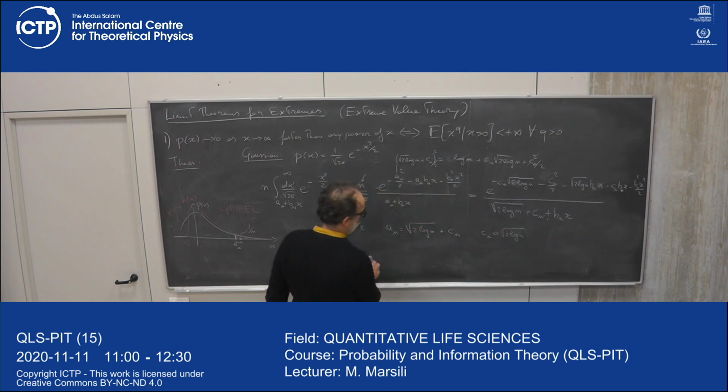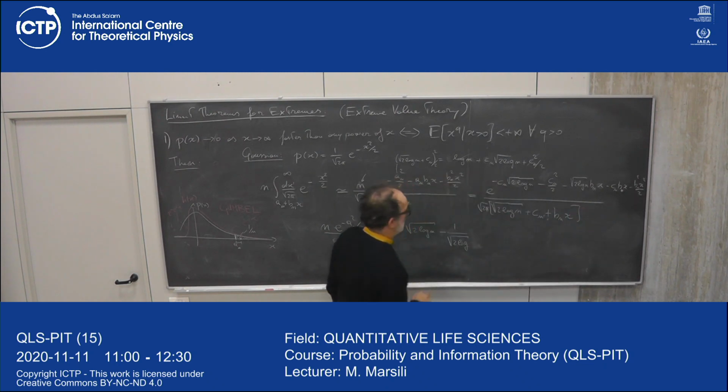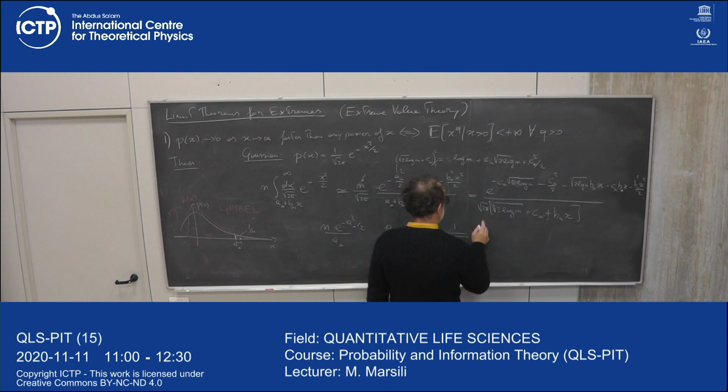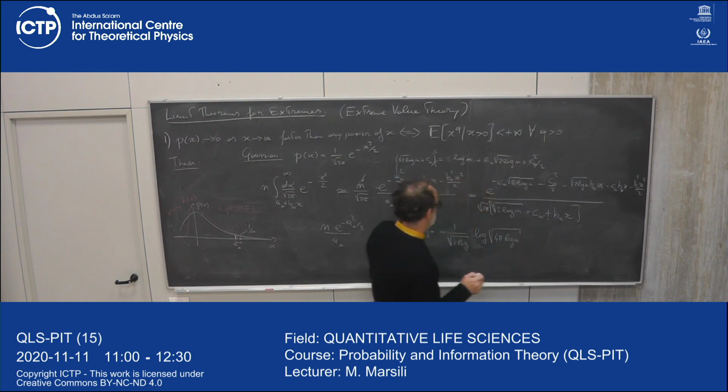Then I have to take this Cn such that this is finite, and what I have to do is take Cn as minus 1 over the square root of 2 log n, and there is the factor 2 pi here, times the log of the square root of 4 pi times log n, okay?